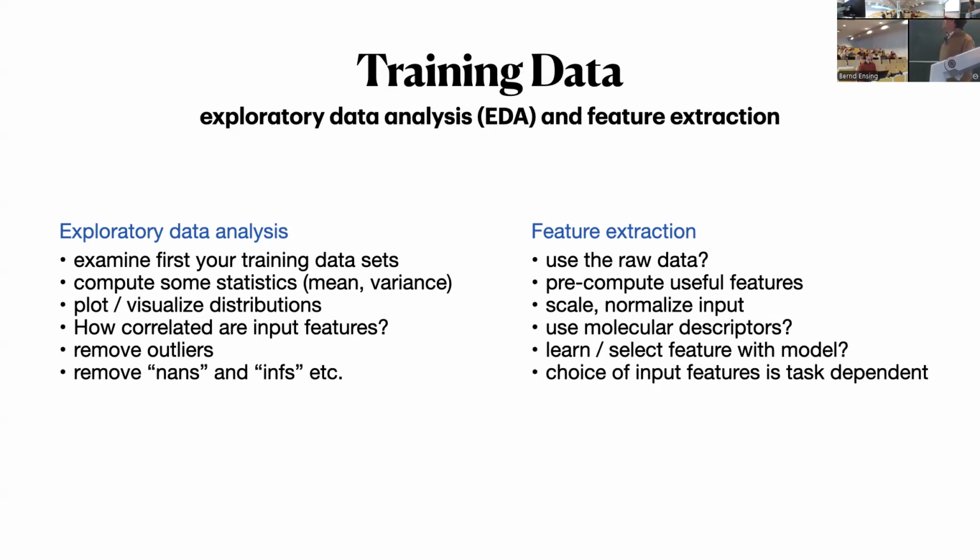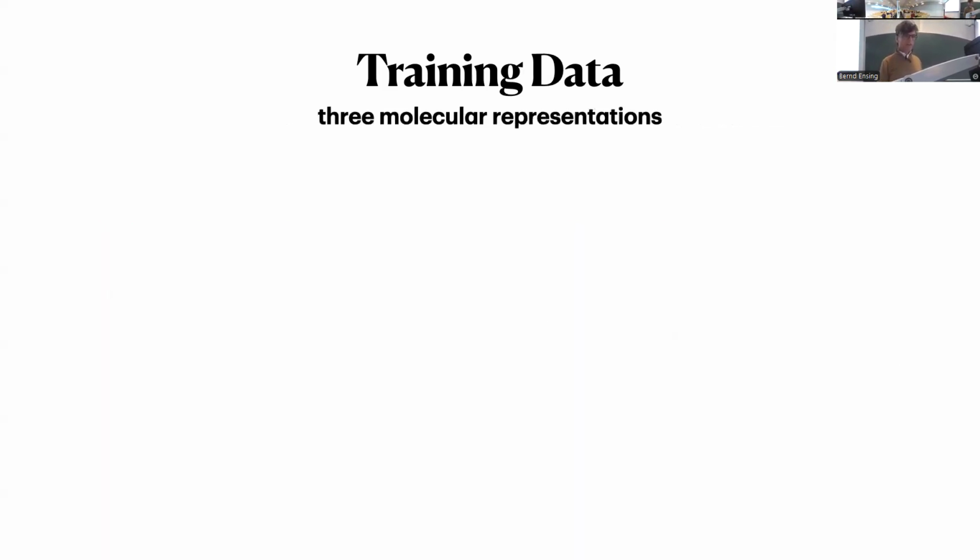But it may be obvious that the choice of the input features is very task dependent, and so that's hopefully also something that you learn from the EDA. What are actually the good features, and maybe you have to massage them a little bit to get good features to learn from. But if you have done that, then you can start thinking about the second step.